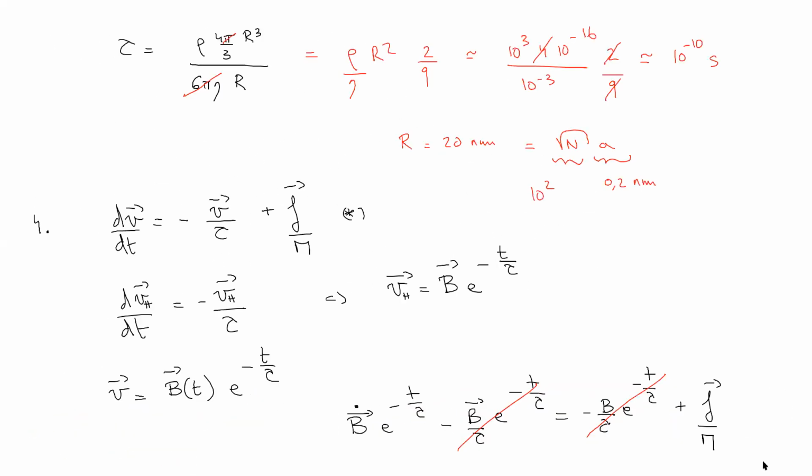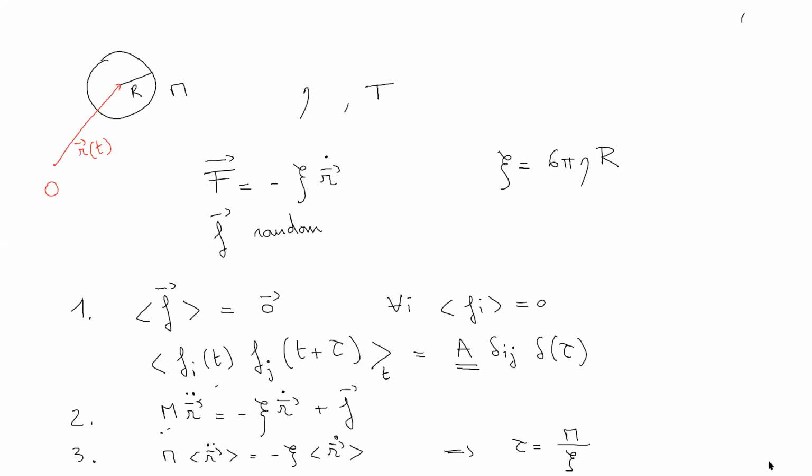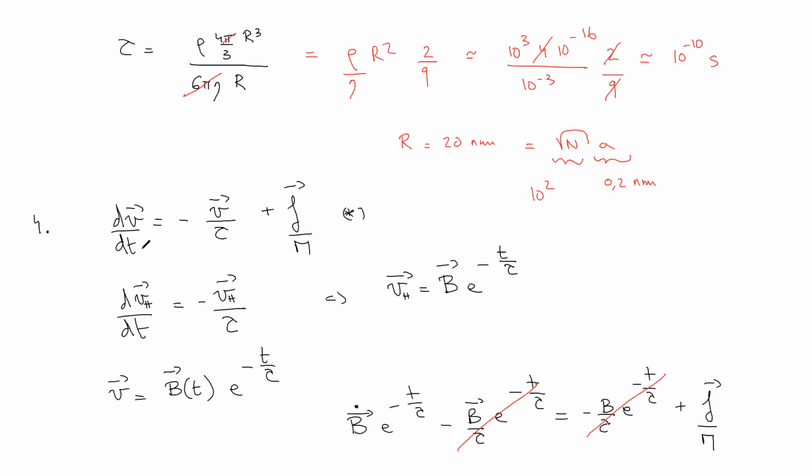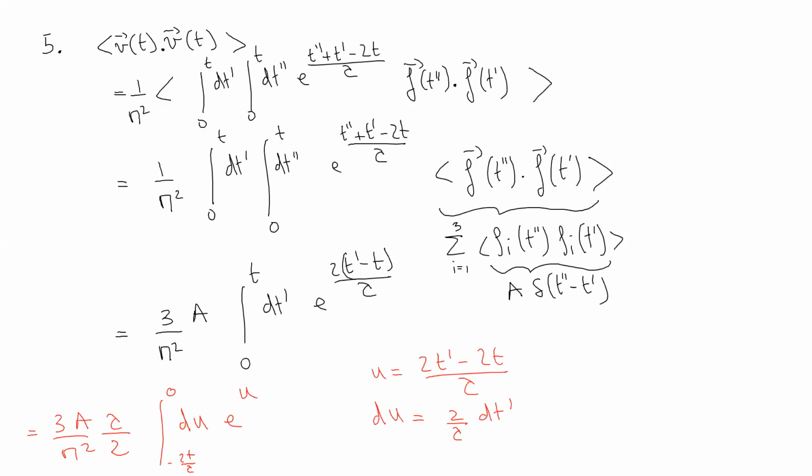We are at time scales that are much larger than the inertial time scale, millisecond-like, let's say. So it means that in this equation here, we can forget inertia. And we are left with simply the dissipation, the damping, balancing the noise, the fluctuation term.